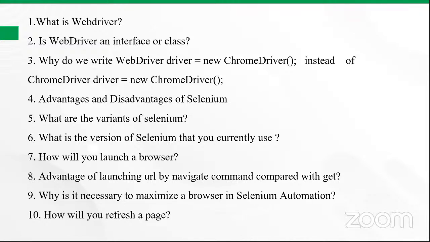So we cannot use that action if you use driver.get. On the other hand, if you use driver.navigate for launching the URL, the browser history and the cookies will be stored so that we can go forward and backward to navigate between the pages during test case execution.